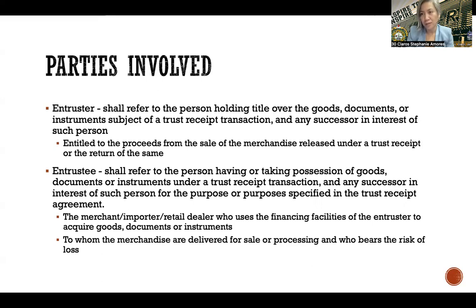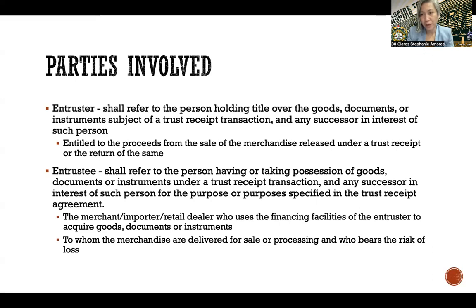So the entrustor is entitled to the proceeds from the sale of the subject of the trust receipt transaction, and if not sold, to its return. On the other hand, the entrustee, this is the one who issues the trust receipt. And this is the party who takes possession of the goods, documents, or instruments under the trust receipt transaction. And it includes any successor in interest of the entrustee.